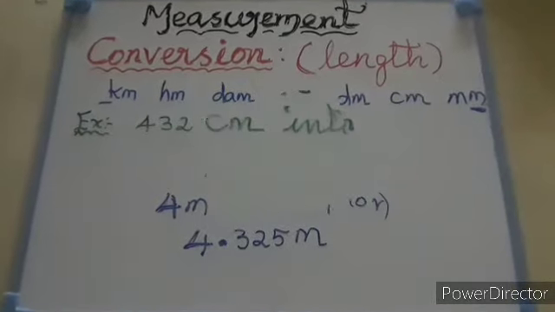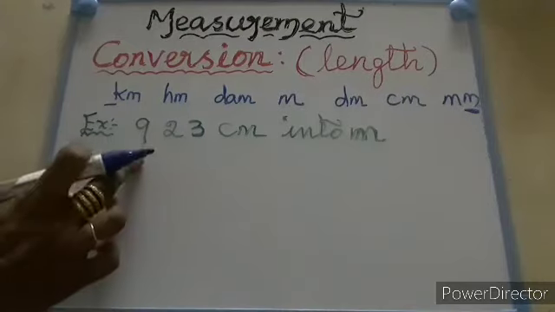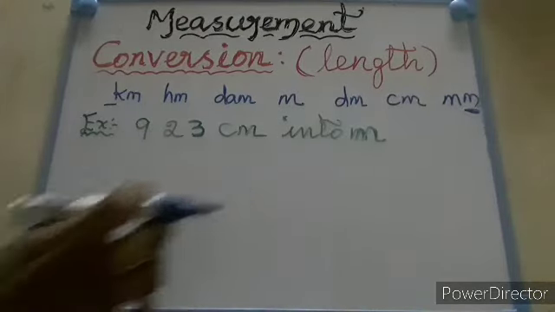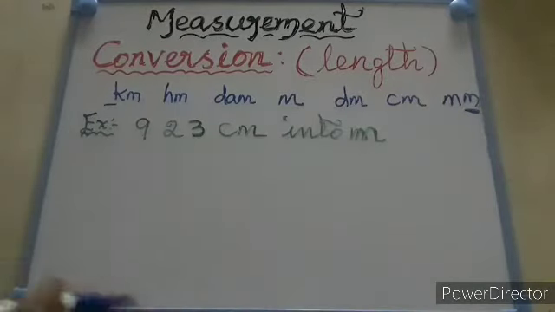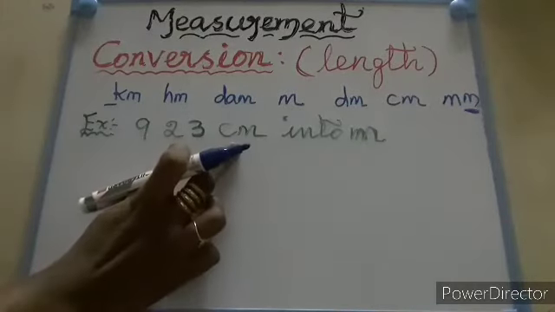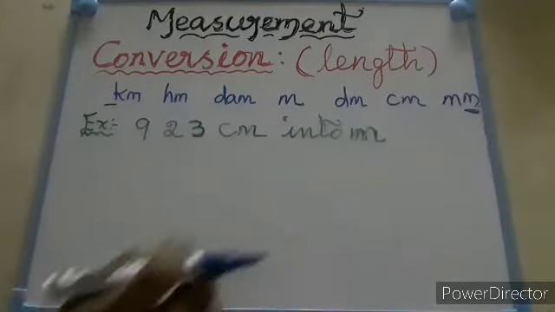See this example: 923 centimeter into meter. So centimeter to meter you have to convert now. Which is the smallest unit here? Centimeter is the smallest unit, and meter is the highest unit.